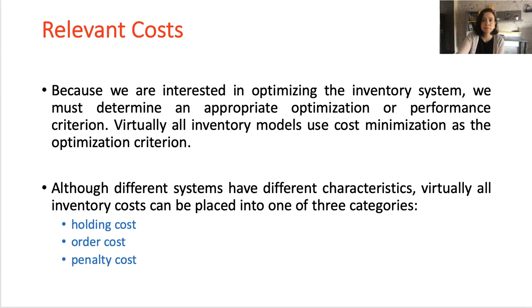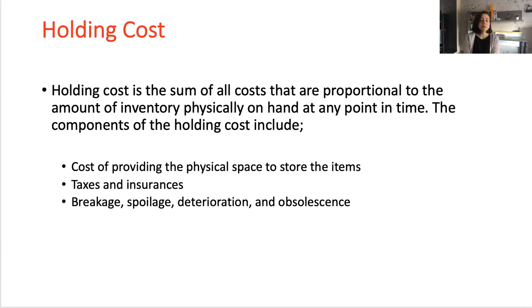Although different systems have different characteristics, all inventory costs can be placed into one of these three categories: holding cost, order cost, and penalty cost. Now we will discuss all these costs one by one. Firstly, I will talk about holding cost.